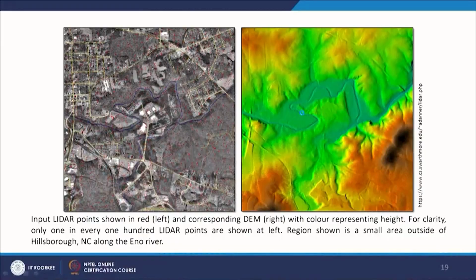Also here, if you look very carefully, you would find a lot of red dots on the left image. These are the points which have been collected, hundreds of LIDAR points, which we call point clouds. When the density of input points is very high, you can generate a very high resolution, very accurate digital elevation model, and this is what is shown on the right image.